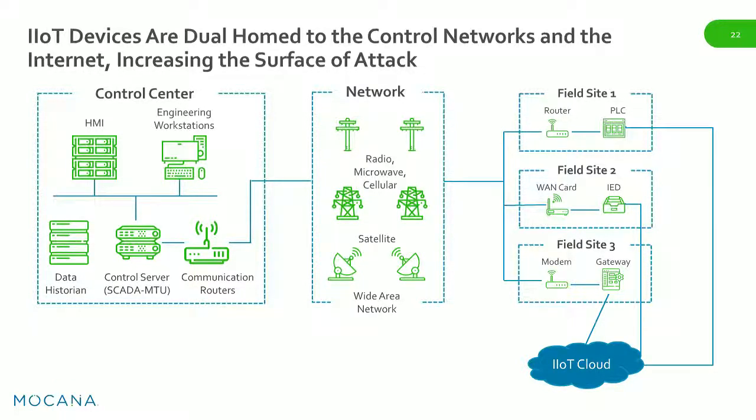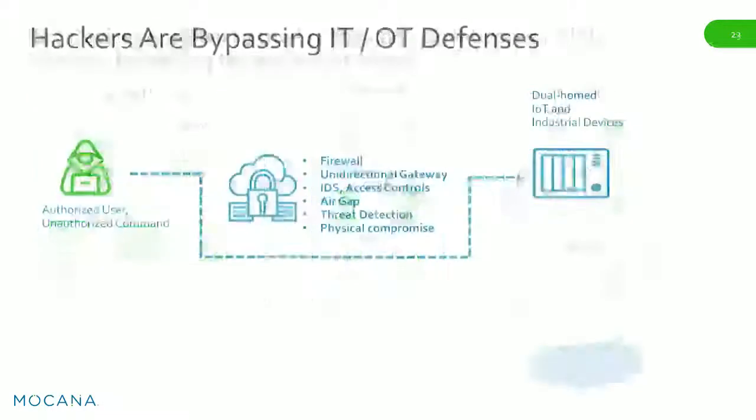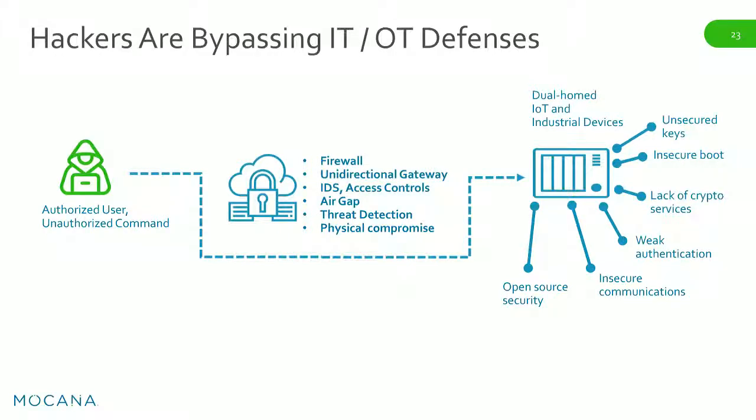Now those same devices are being connected to an industrial IoT cloud. Sometimes they're the same device, and you have problems where you have different surfaces of attack of a device that's connected to both the internet as well as to a control network. Solving that problem, or securing that, can be done with TPM and also by implementing containers to separate applications, which is important.